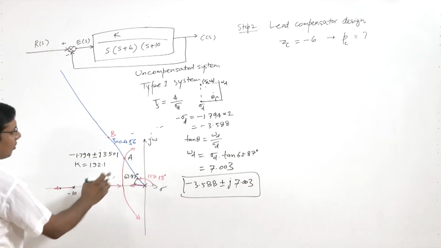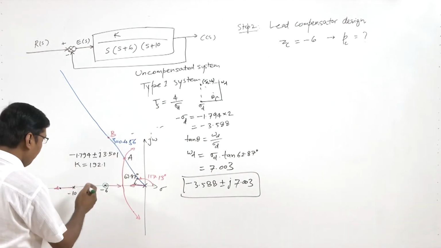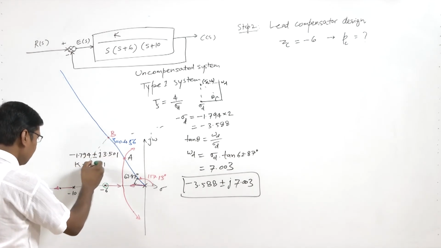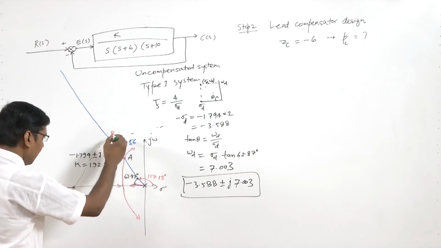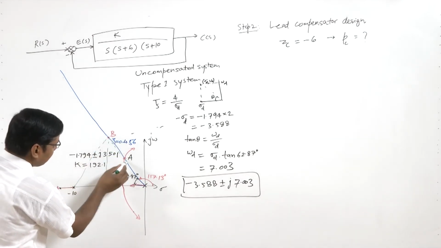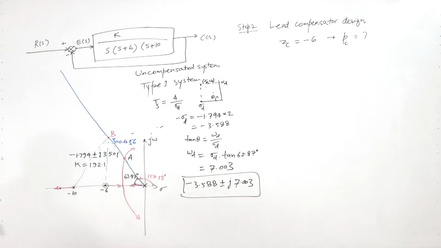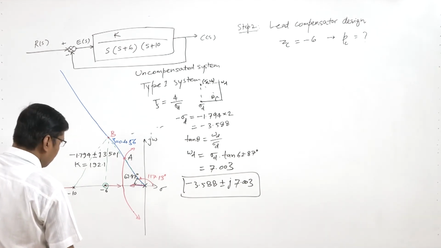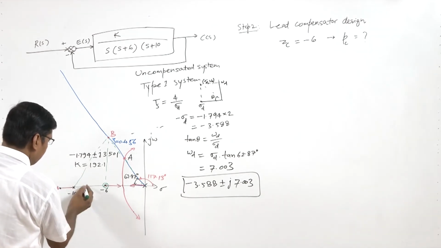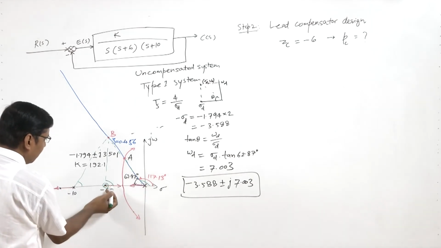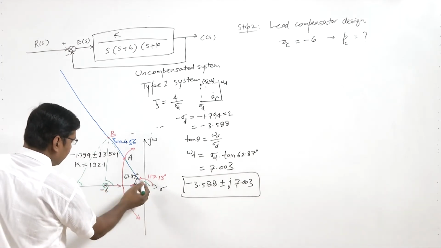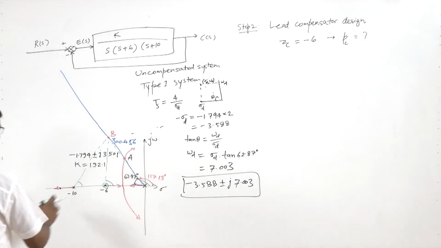We put the compensator 0 here. Now we have to calculate these angles. There is one system pole here, and we know that these angles will cancel because there is a pole and 0 here, and this angle plus this angle we can calculate.